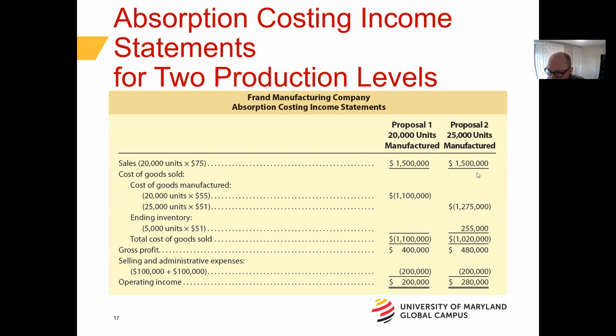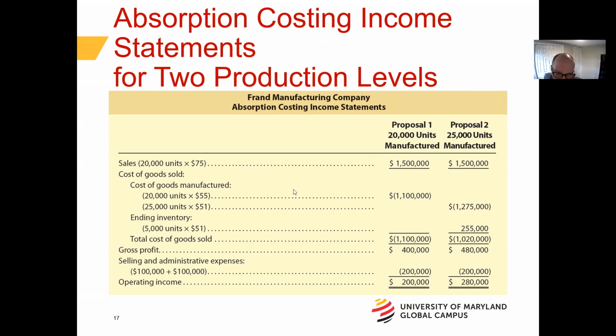My sales are the same because remember, I'm still only going to sell 20,000 units regardless of the number of units I manufacture. So sales, 1.5 million. $75 sales price times the 20,000 units. And we have cost of goods manufactured.